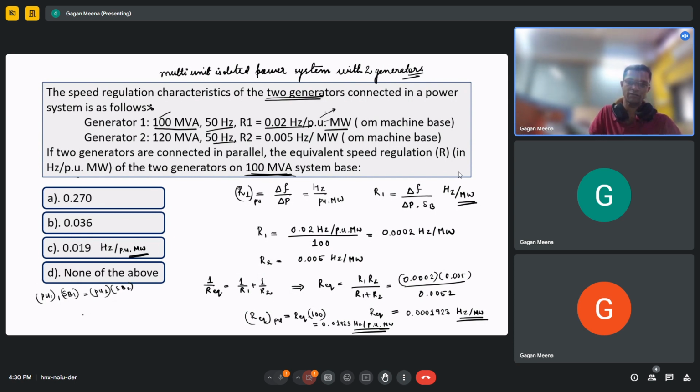Here we want to find out the per unit, then it will be per unit 1 into system base 1, which is equal to the actual value divided by system base 2. So the actual value we already know here. This is 0.005.